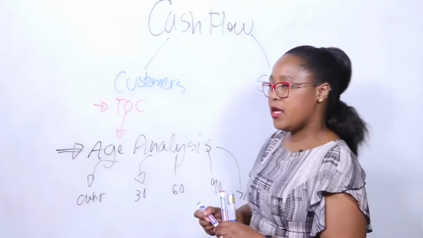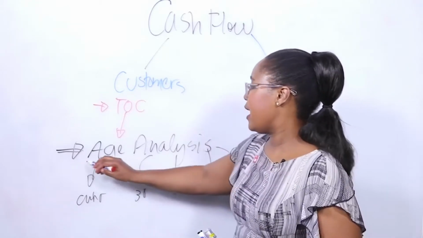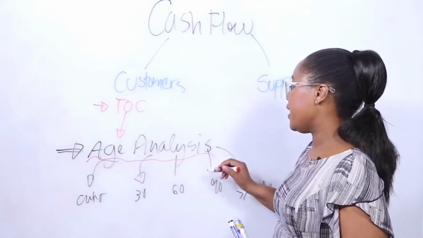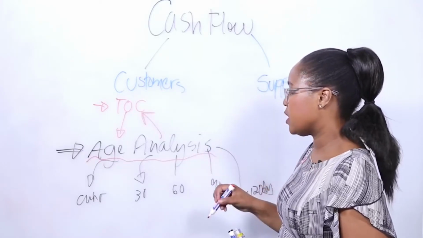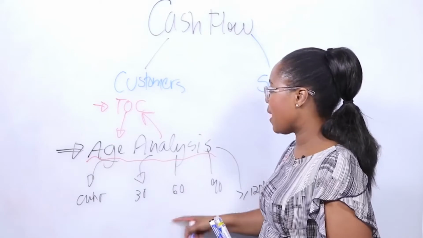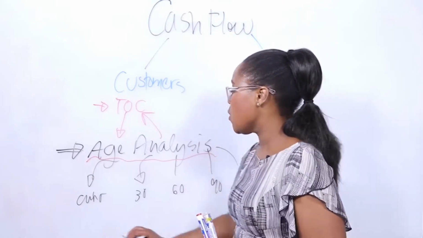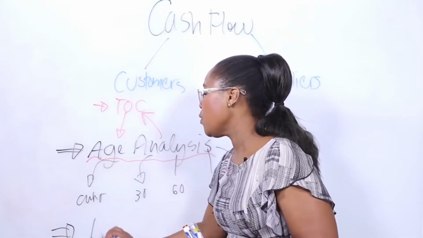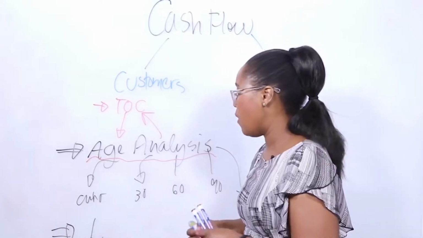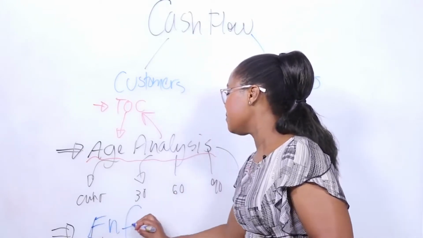Now, in your business, we need to understand that the age analysis is telling you whether your customer is complying with your terms and conditions. And if they're not complying, you then need to make sure that you have systems, which is number 3, for how you will enforce the terms and conditions.